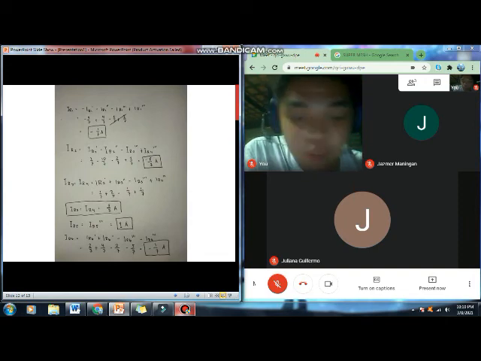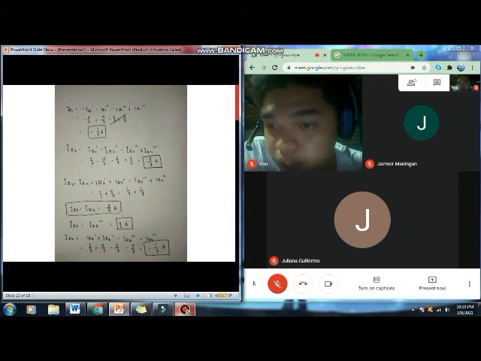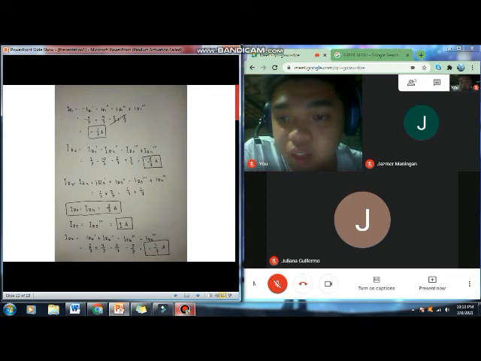Ayan. Then, IR5 ay equals lang siya sa IR5 third prime. Yung kanina, yung ginamitan natin siya ng super mesh, which is ang value na ay 1 ampere.